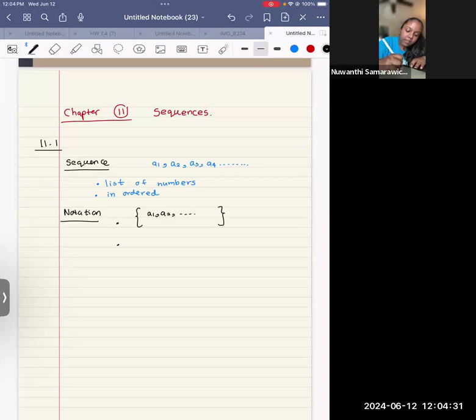Another way is you can just write one term, A sub n, and then n goes from 1 to infinity. This is one way of writing. Another way is you can just write in the curly bracket A sub n.